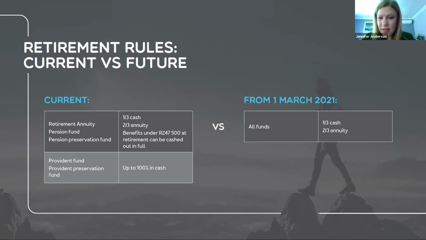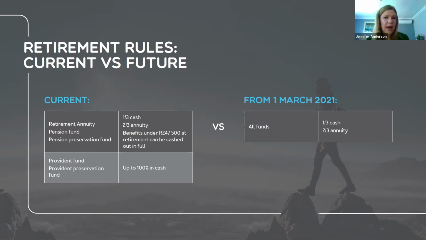So as I mentioned a little bit earlier, what's happening on the 1st of March, one of the key changes is harmonization of how all of our retirement funds behave at the time of retirement. As a lot of our audience probably knows, if you're invested in a retirement annuity, a pension fund, or a pension preserver, when you retire, you can only take up to 1/3 of that money in cash, and the rest you have to use to buy some sort of product that's going to give you a regular income while you're retired.